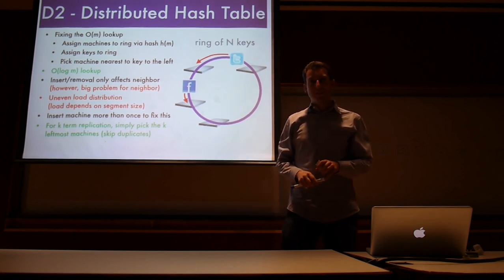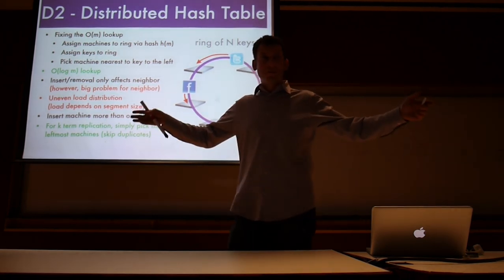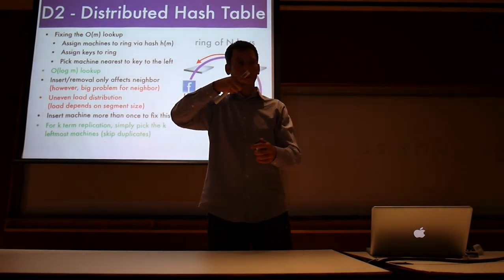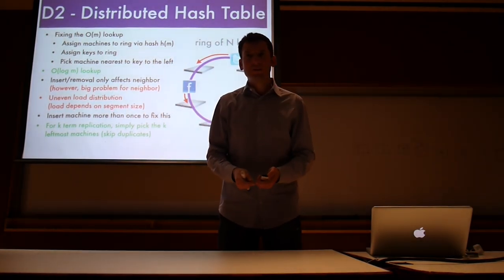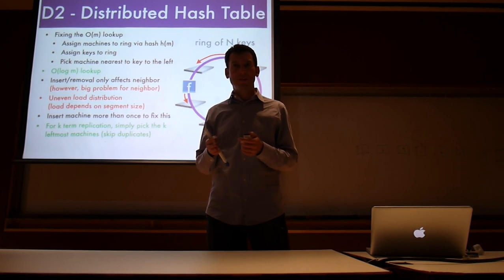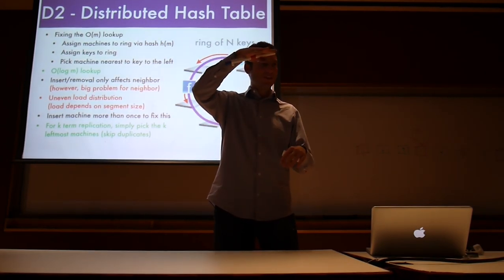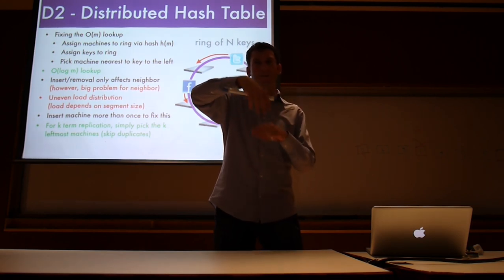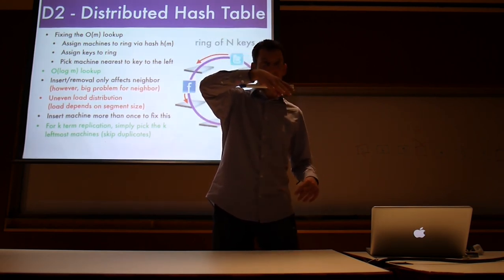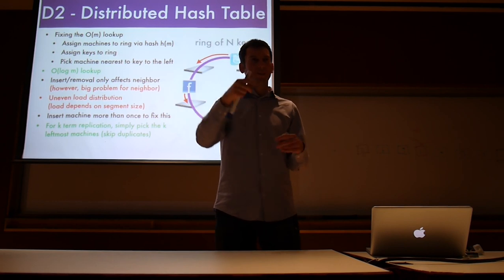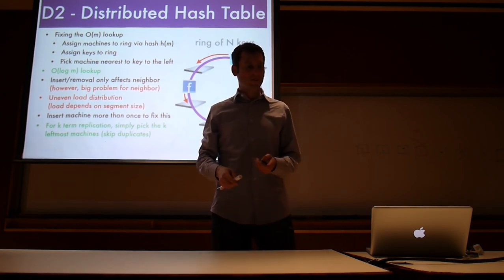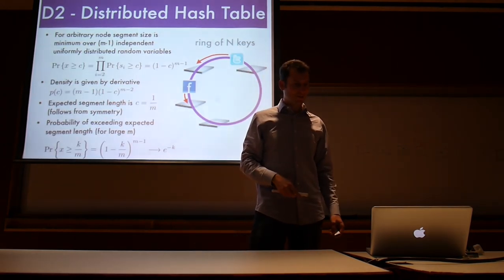So rather than representing all the resources of one machine by one point on the DHT, you insert it maybe 10, 20 times, maybe only 5 times, and that will make sure that each chunk is now smaller, and so the sum over those chunks is still going to be uneven, but it's going to be a lot more evenly distributed. So let's actually analyze that a little bit more in detail.